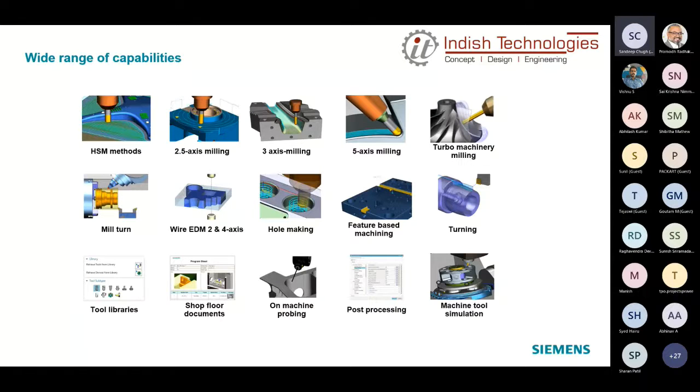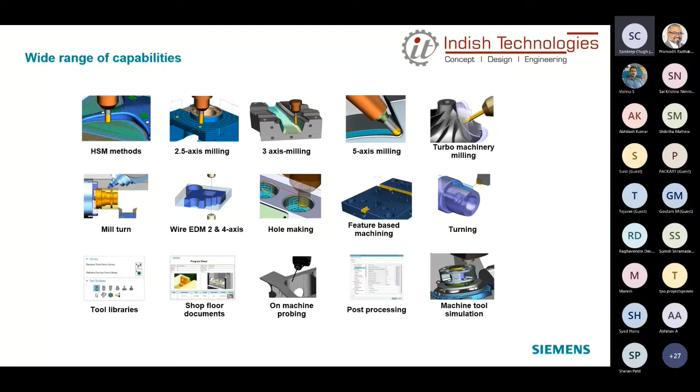This is a brief snapshot of what NX CAM covers. Whether it is high-speed machining, 2.5 axis, 3 axis, 5 axis, or a special category of machining, mill-turn, wire EDM, NX covers everything. The portfolio of NX is the widest.